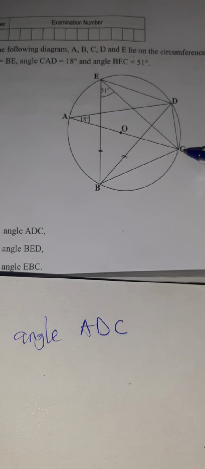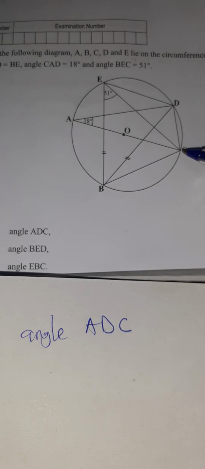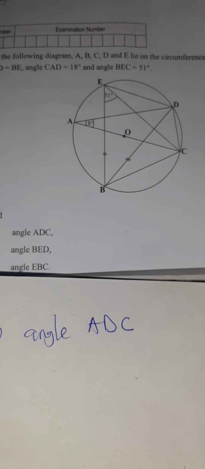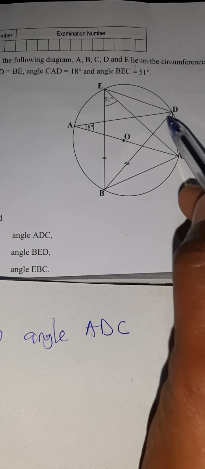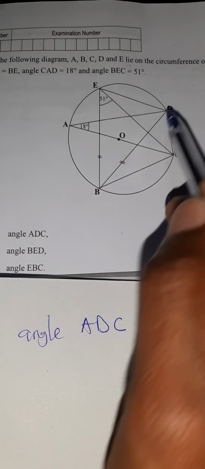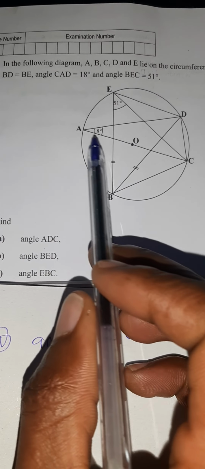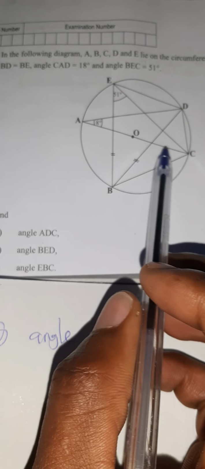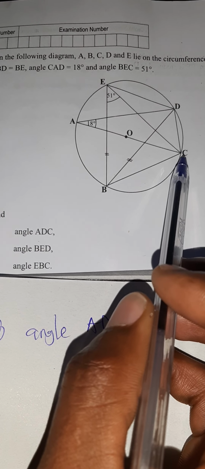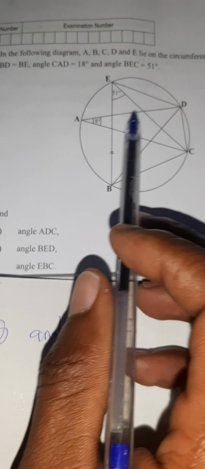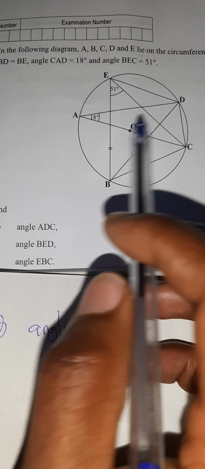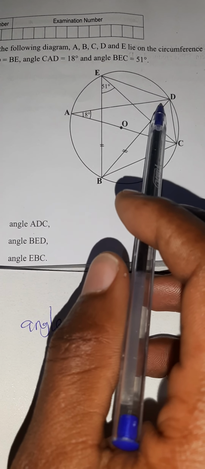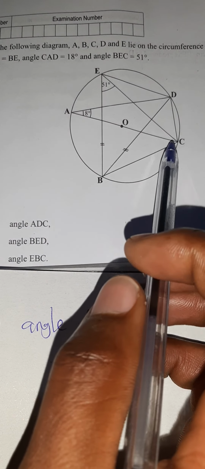Okay, so ADC is very easy and straightforward. If you look at the way this one is, if this is a center here, we have this theorem where we have the diameter. Once the diameter subtends an angle on the circumference, once it forms an angle on the circumference, that angle becomes 90 degrees.